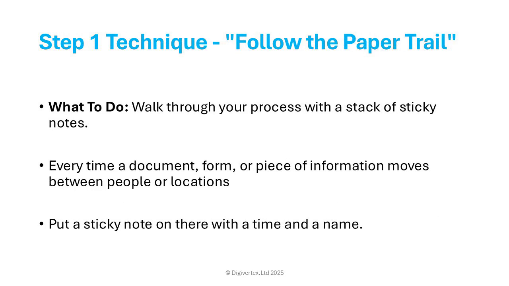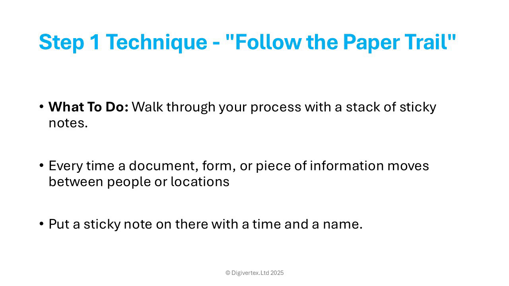We're going to follow the paper trail, walk through the office, walk through the process with a notepad or a stack of sticky notes, and every time there's a document, a form, or a piece of information that's moving between people or locations, you make a note of it. You put a sticky note there. Write down the time.